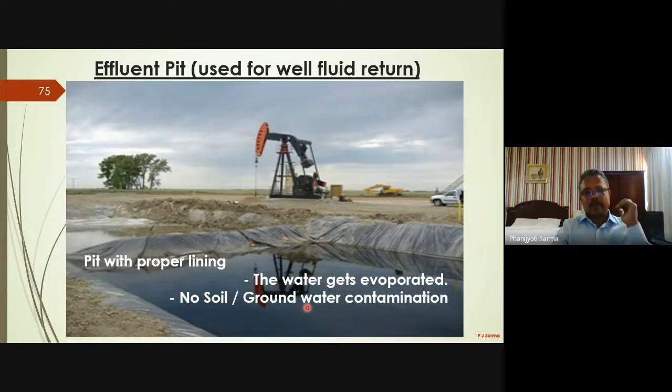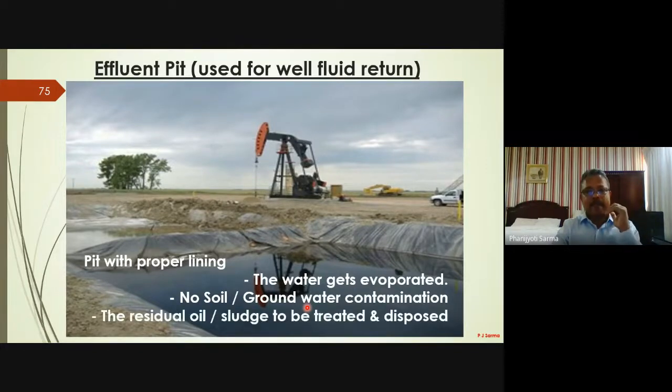Solids are not contaminating the nearby areas, and they are getting deposited, and proper waste disposal can be done to dispose of that dried-out waste.